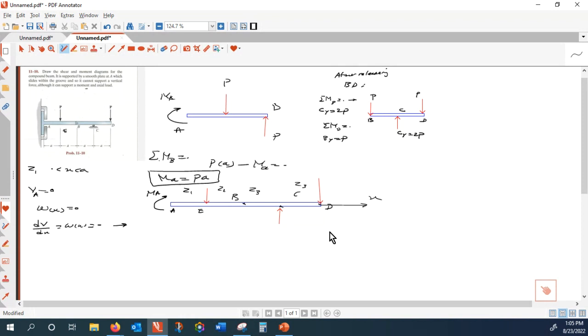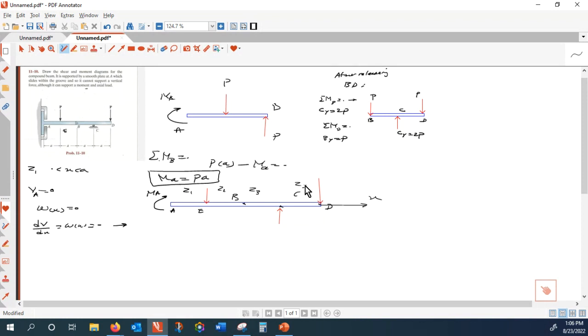And regarding A, it is a very special support. It is free to go up and down. It's not like a cantilever. It's free to slide vertically. Horizontally, it doesn't have any horizontal load, so there is no reaction. It only can take a bending moment, MA. So we solved that beam, found all the reactions, and now we decided to have 4 different zones to describe the plot.